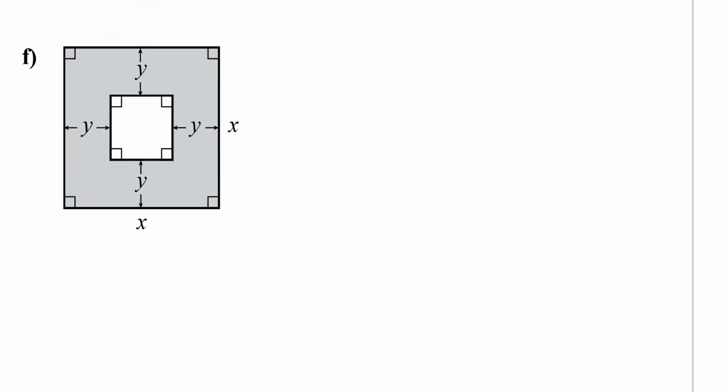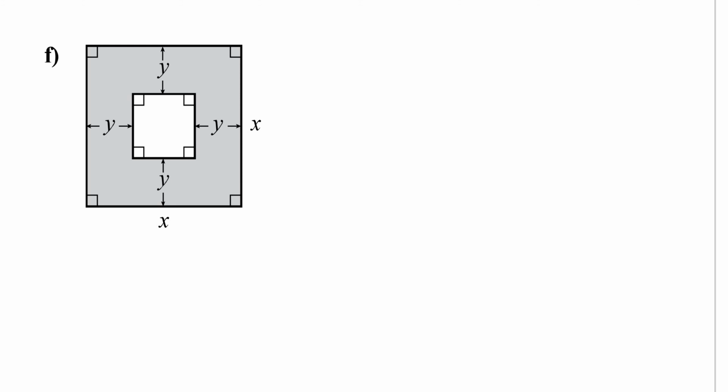Okay, final letter F here to finish off this homework video guide for part 1. Once again, the classic problem is the area of the big square, which is just x times x, so that's x squared, minus this little square. Now, in order to find that purple distance, I know this blue distance here is y, and that blue distance there is y.